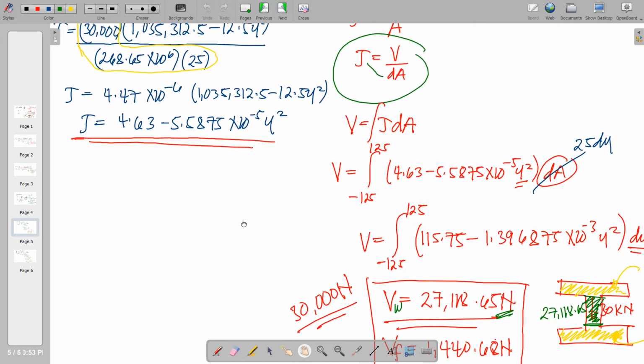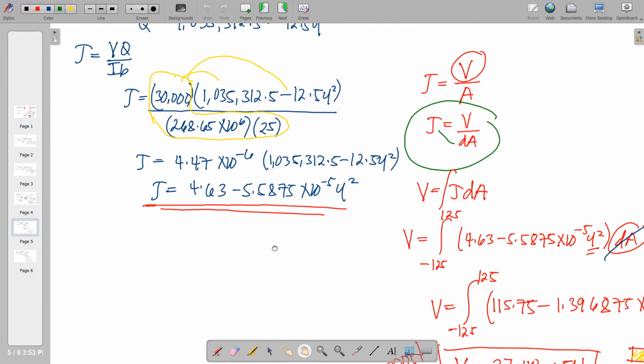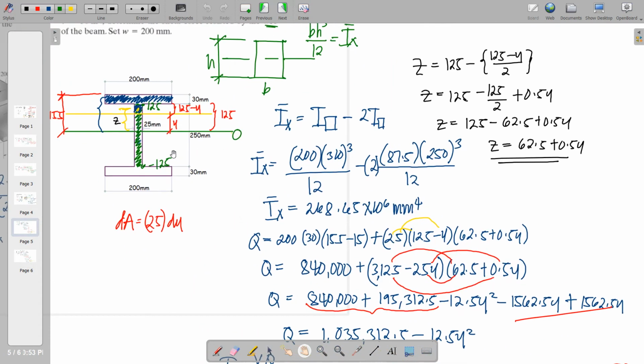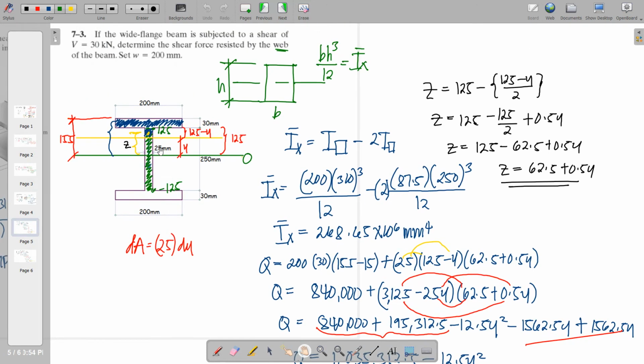Of course, you can only do this if your cross section is symmetrical, okay? But if not, you can set your y along the zone of your concern, whether it is the web or within the flange. So this is it for the problem, and please stand by for the next video.